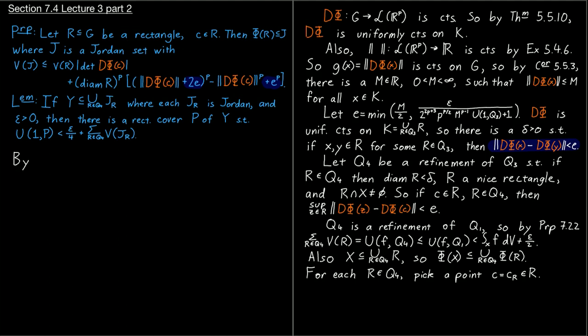In particular, by the proposition, phi of x is contained in the union of all the rectangles R in Q of phi of R, but by the proposition each of the phi of R's is contained in some Jordan set, a different Jordan set for each rectangle. So I'll call it J sub R, where J sub R is Jordan.